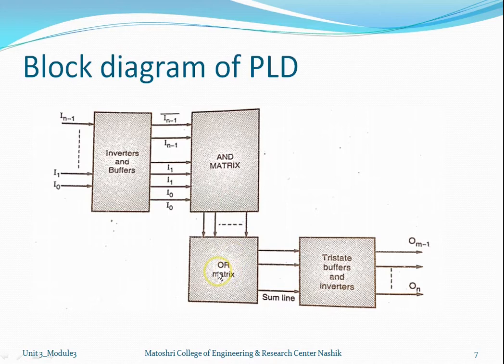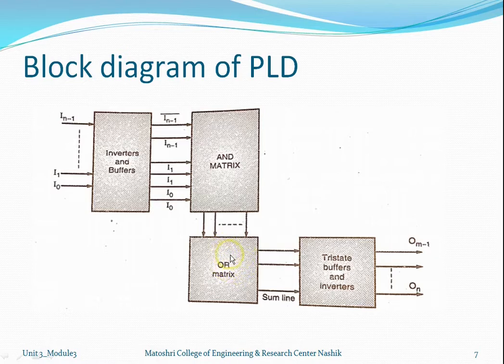Then the OR matrix. This block accepts the product terms, or minterms, from the AND matrix and takes the sum of product terms to generate the SOP expressions. It generates the output variables, and its logic diagram we will see in upcoming slides. This OR matrix contains vertical lines which represent the product terms, while the horizontal lines represent the SOP expressions.